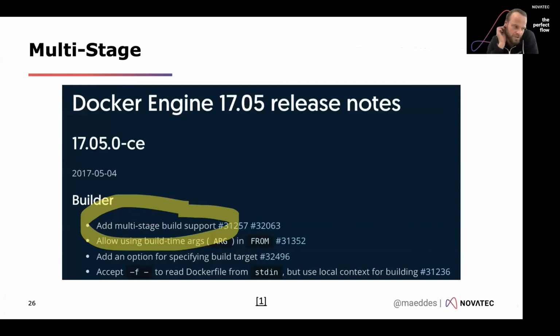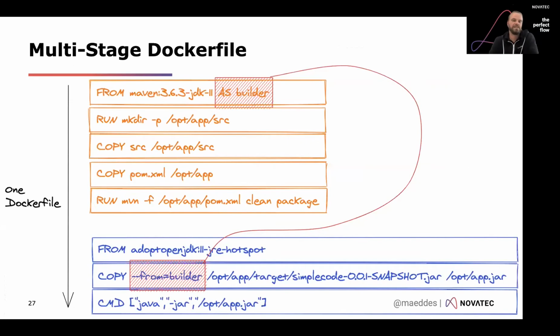And Docker also realized that you might want to separate your steps in a Dockerfile into various so-called stages. So you could build Dockerfiles that have a certain logical separation of the things they're going to process. Here I have an example with two stages, where in the first one I'm using a Maven base container image, and I label this as builder.